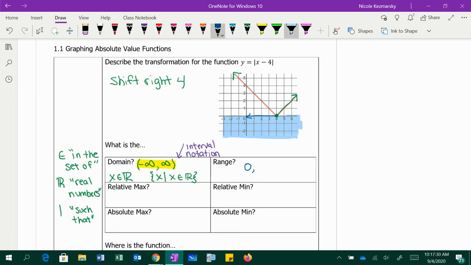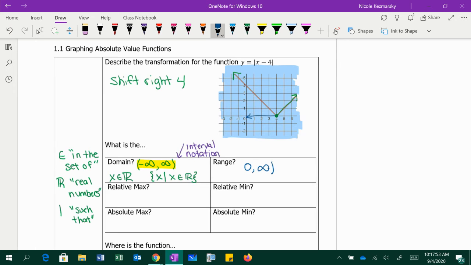I'm going to keep going with my highlighter, and I want to see where I stop. So I'm going to keep highlighting, keep highlighting, keep highlighting. I get to this arrow. Well, this arrow continues up forever. So if I could, I would just keep going forever, which means we're going to infinity.